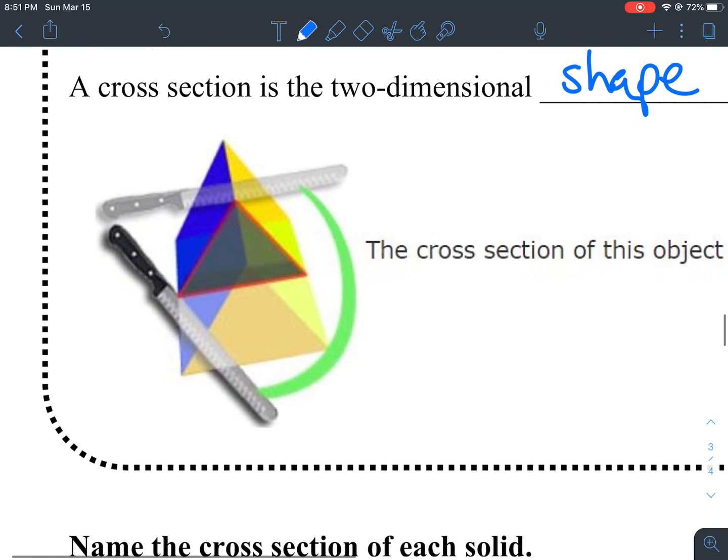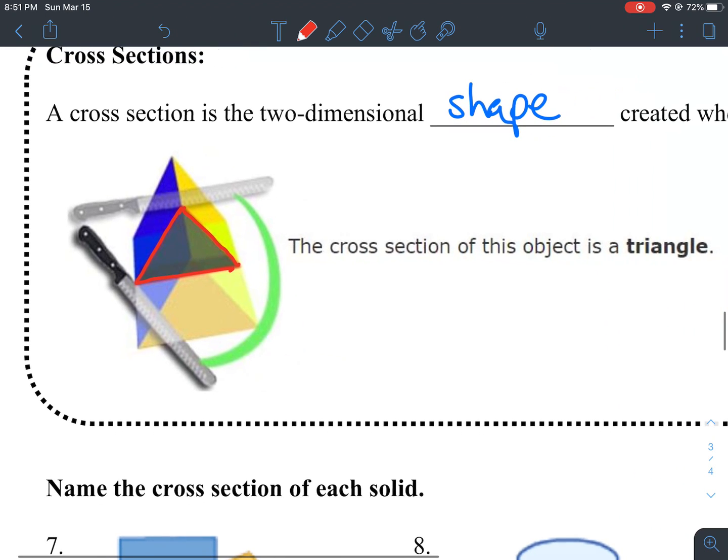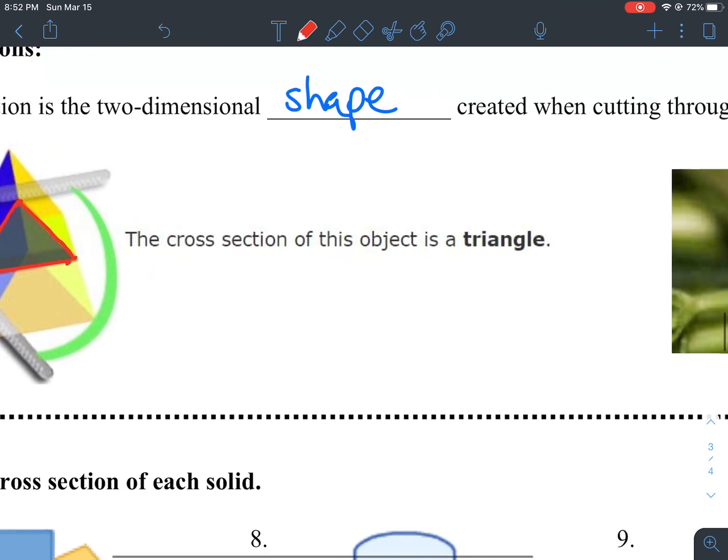So we've got a good illustration here of a triangular prism, and we can see that knife is kind of cutting through the center, and this shape outlined in red that ends up getting created on the inside is a triangle. So the cross-section of that object would be a triangle. It's the shape on the inside after we cut it open and look on the inside.